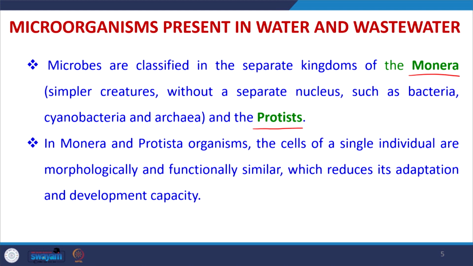They work very similarly and their morphology is similar, but within their structures they are different, and their adaptation level may also be different and their working mechanism may also be different. So, that is why we have to understand this.